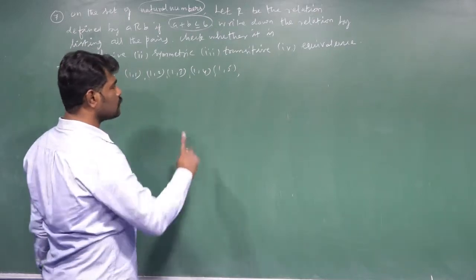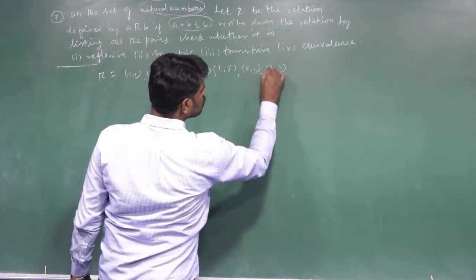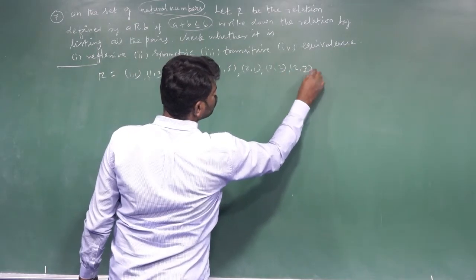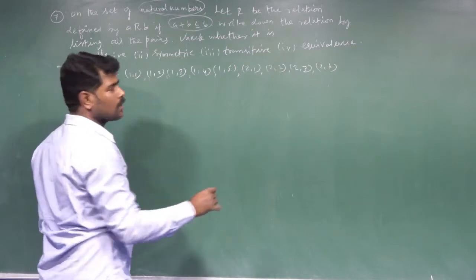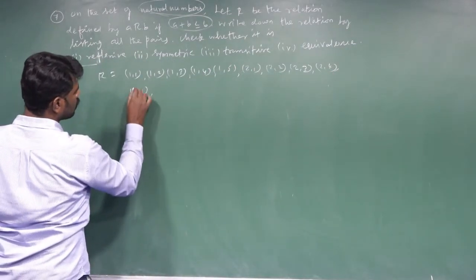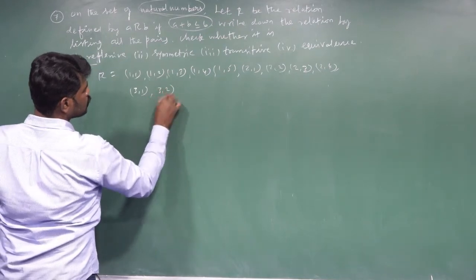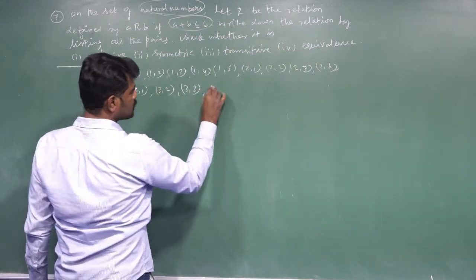Then again start with 2 1, 2 2, 2 3, 2 4 is possible, 2 5 is not possible. Then start with 3 1, 3 2, 3 3, and 3 4 is not possible.